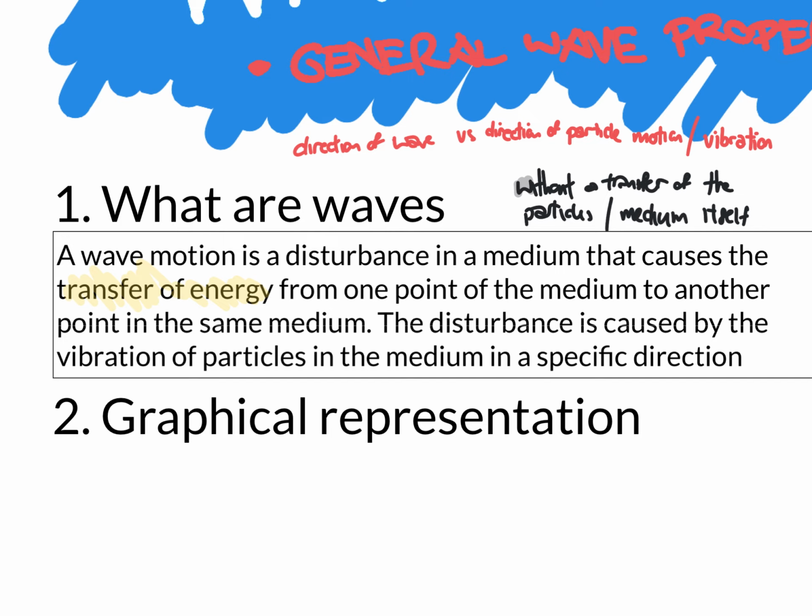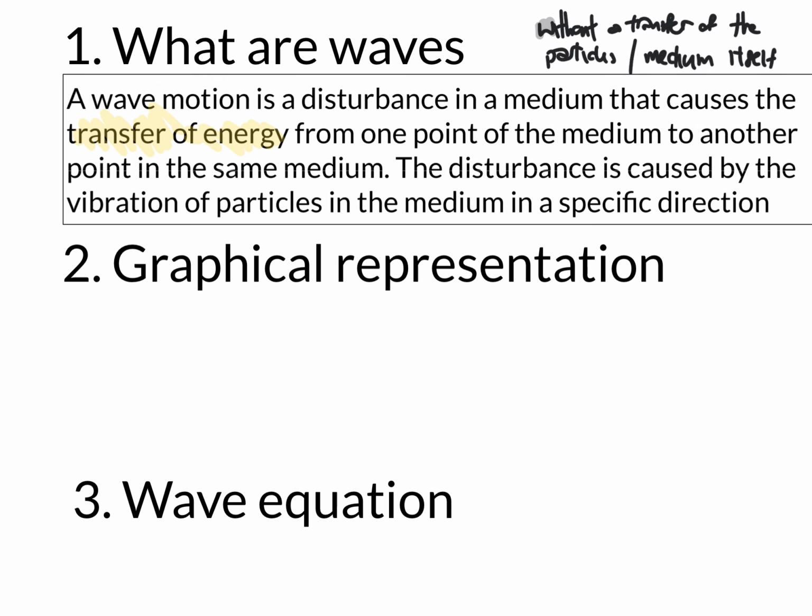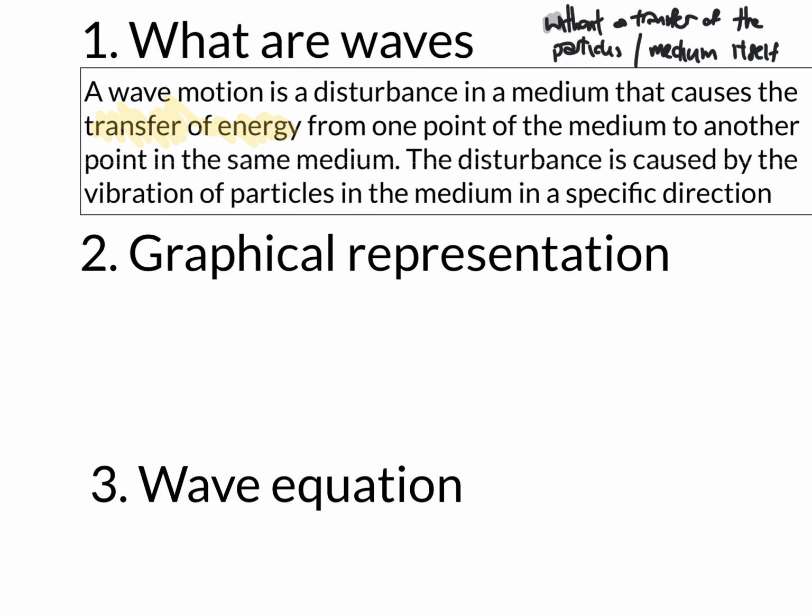How do you represent these waves? The representation is one of the key ideas of this entire topic that you must know, because there are two ways of doing it. I can either think of it in terms of just one particle, or I can look at all the particles, but for all particles, I'm only going to look at one point in time.